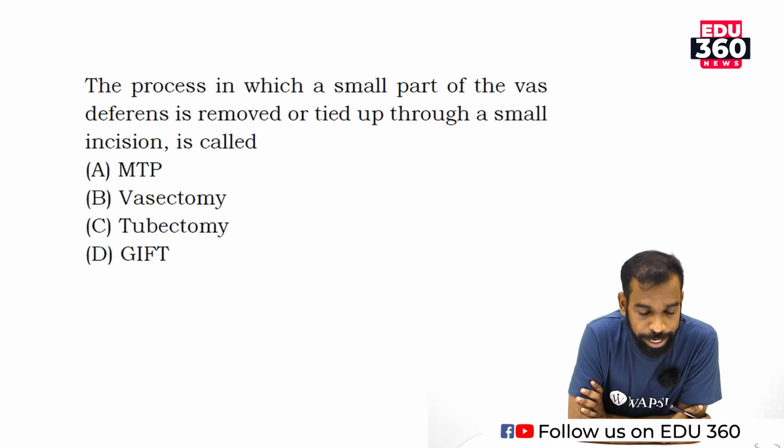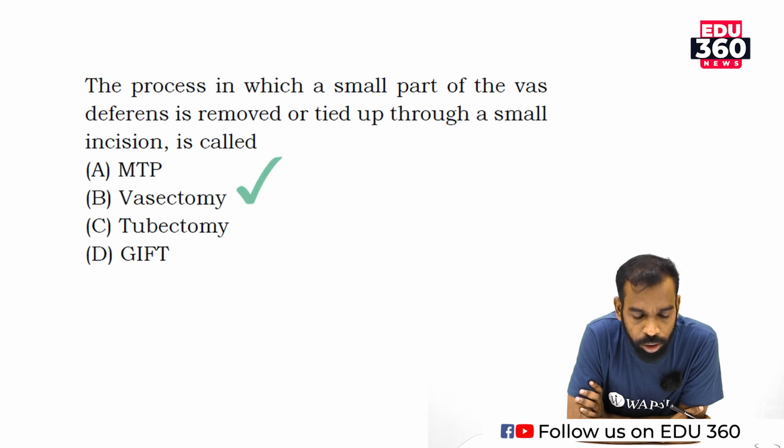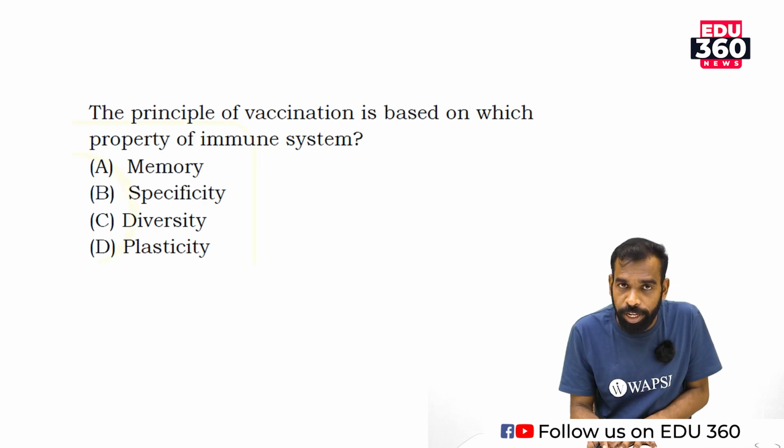Next question, question number 41. The process in which a small part of the vas deferens is removed and tied up through a small incision is called vasectomy. Direct answer. Vasectomy.